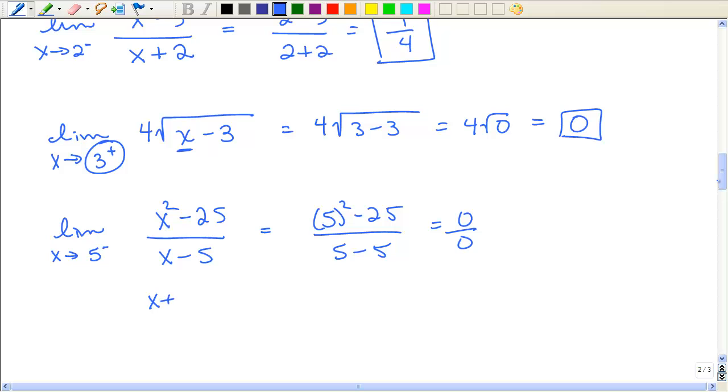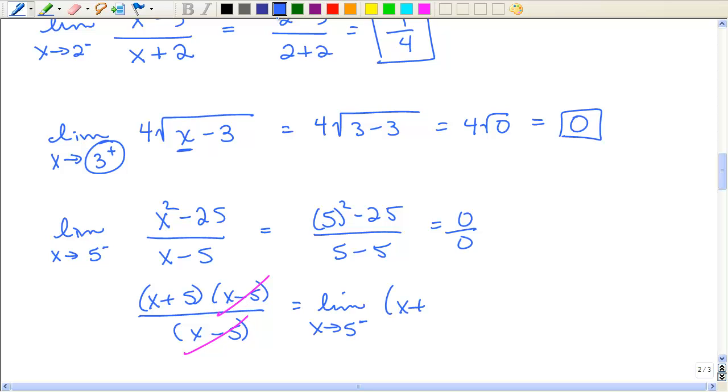Well, I can factor the top. And the bottom is already factored. And I can reduce. And so then I can say, all right, the limit as x approaches 5 from the left of x plus 5. Again, just plugging in 5 for x, I get 10. Okay, so very much the same way, exactly the same way as we did the limits in section 2.4.